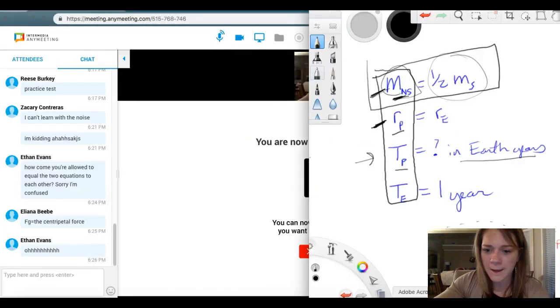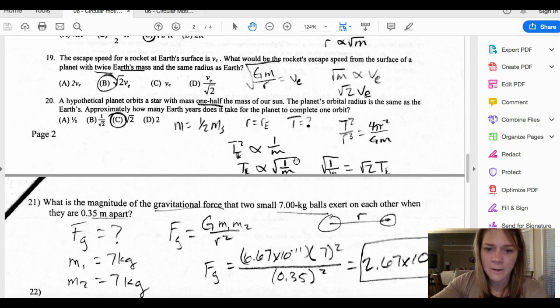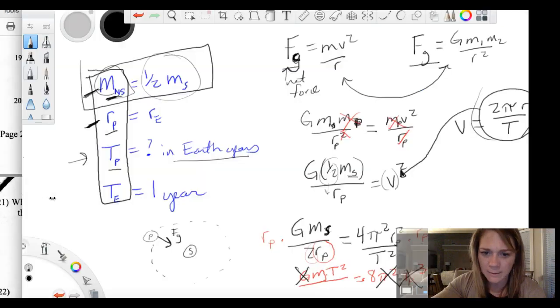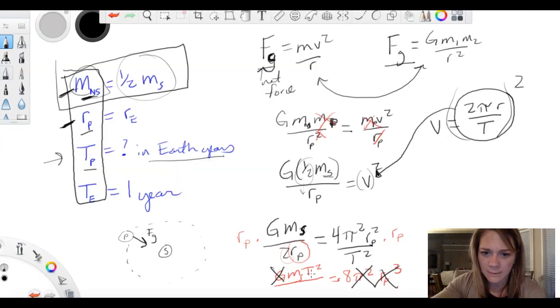And if we go back over here, you can see that I wrote on the key t squared is proportional to 1 over m. And the way that I got that is by looking at this final equation here. Well, everything is staying the same except for mass and period. But they're on the same side of the equation right now, so it makes it a little difficult to see the relationship between them.